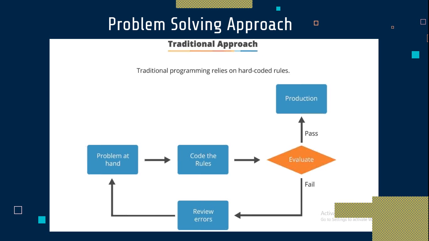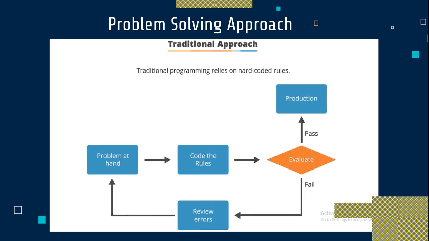First you have the problem at hand, then you write the code, then evaluate it. If it fails, you again review what the errors are, write your code again, and evaluate it.